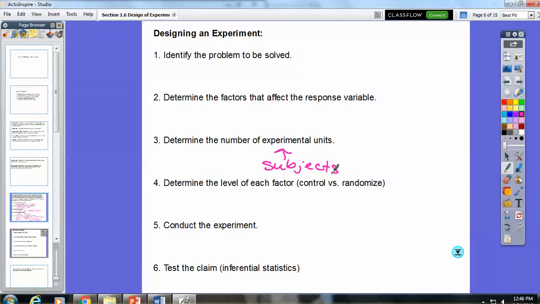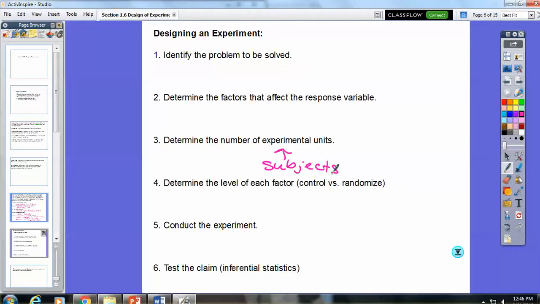Okay, so we decide which things we want to manipulate. Then I have to decide, how am I going to do that? Am I going to randomly select who gets what? Am I going to sit down and look at the list and decide who should get what? How do we go about that? Then you actually do your experiment, and at the very end you have to test your claim.